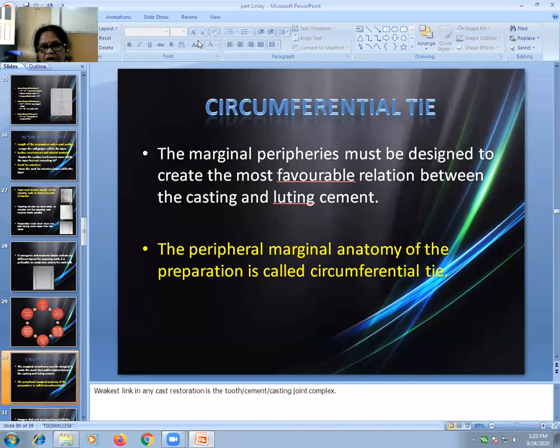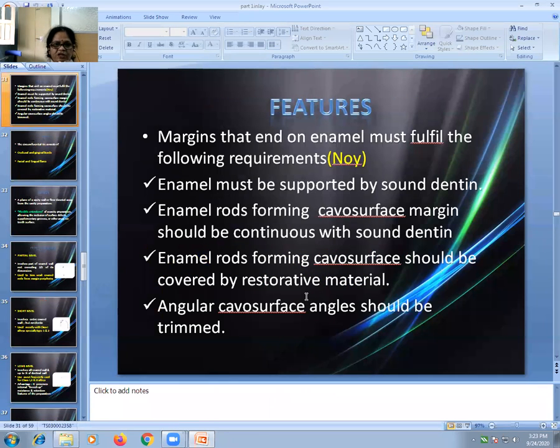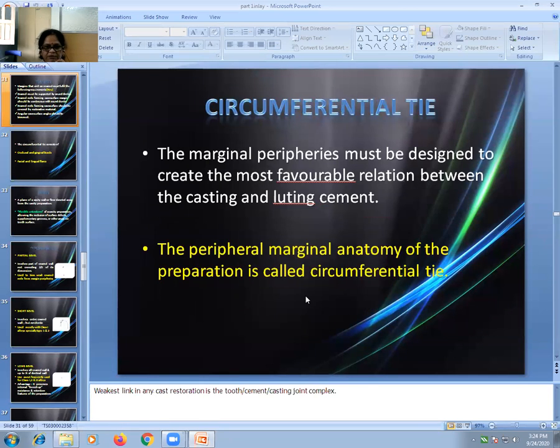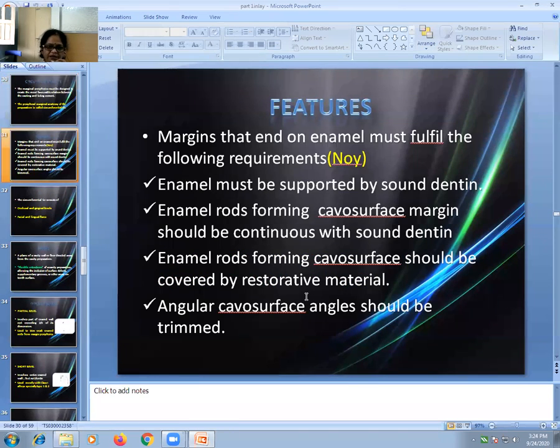This is another viva question: what is the circumferential type? What are the features given for the circumferential type? In the circumferential type, the enamel should always be supported with sound dentin.